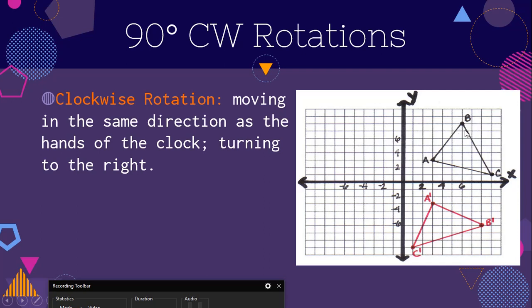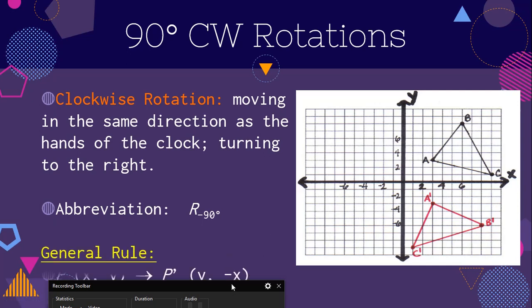B was on top, now it's over on the right. But you notice it's still anchored to the origin. And if I were to draw rays to A and A prime, I would see that there's a 90-degree angle there. Because clockwise is not the normal direction, the abbreviation will show you negative 90 degrees. Negative 90 does tell me it's clockwise. Basically, it's the wrong way.